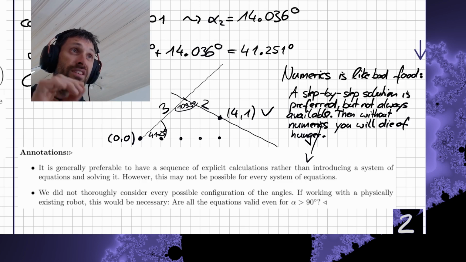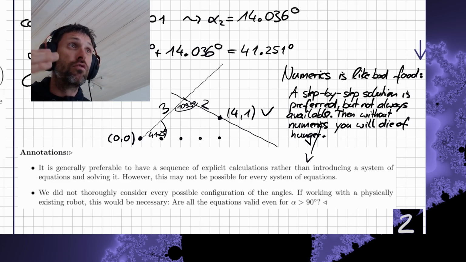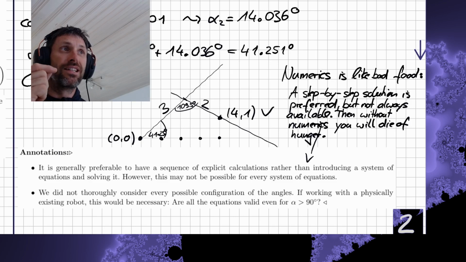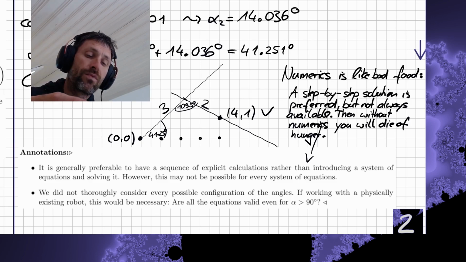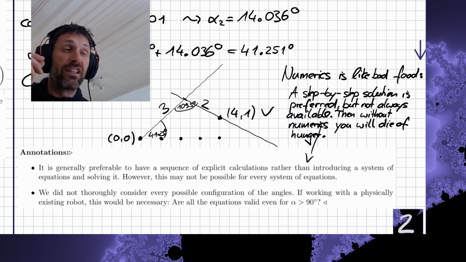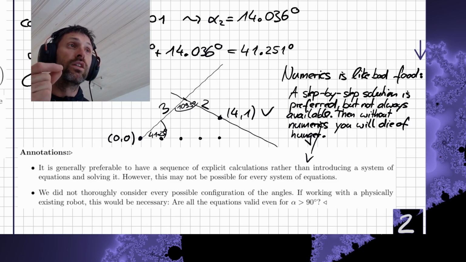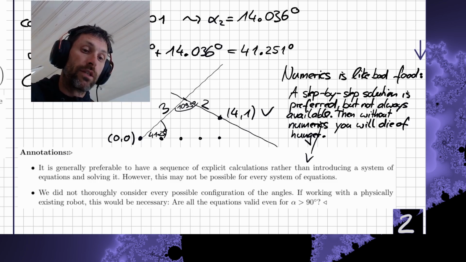If you're in the position that you need food, and if it's possible that it tastes well, then you will prefer the well-tasting food. But if there is no food available which tastes good, then you will be happy to find some other food. So the step-by-step solution is preferred, but this is not always possible. And if it's not possible, we need numerics, we need the bad food, because there is no better one, and that will be the role of numerics.